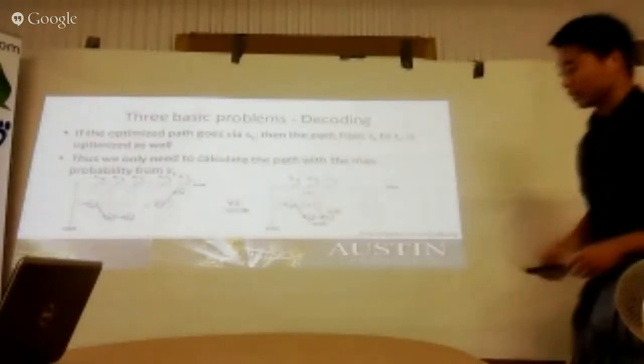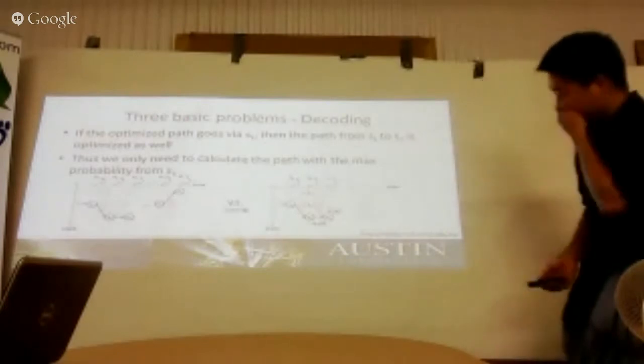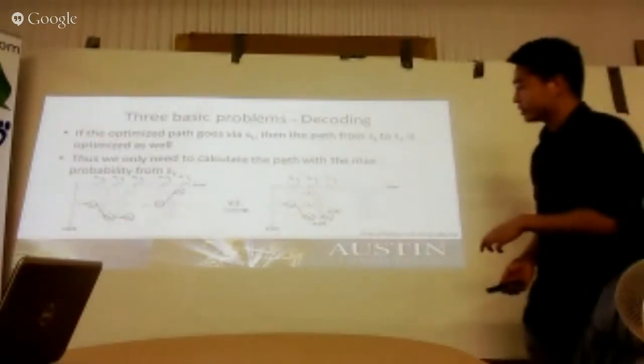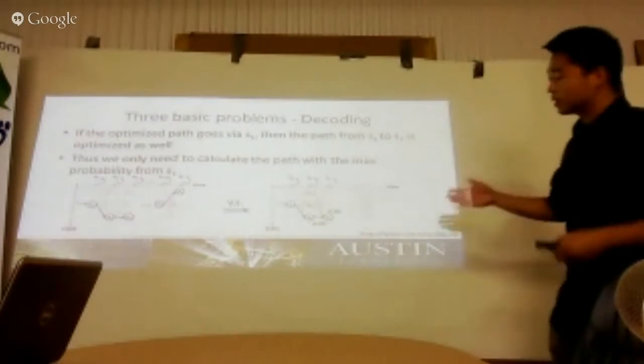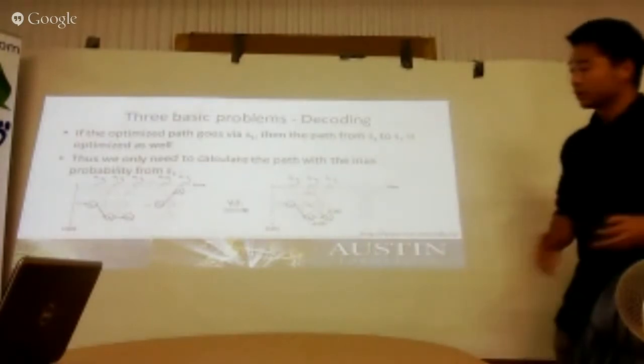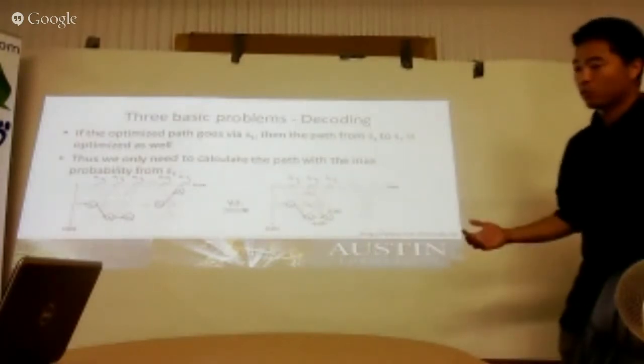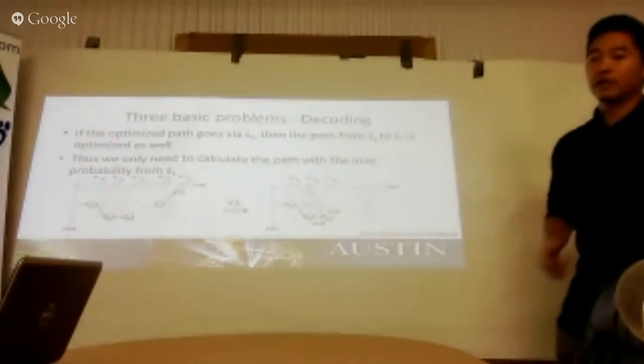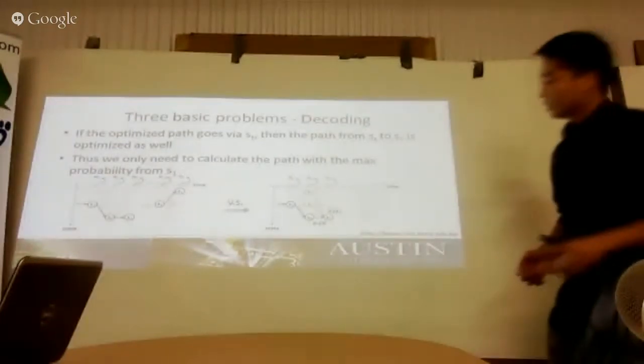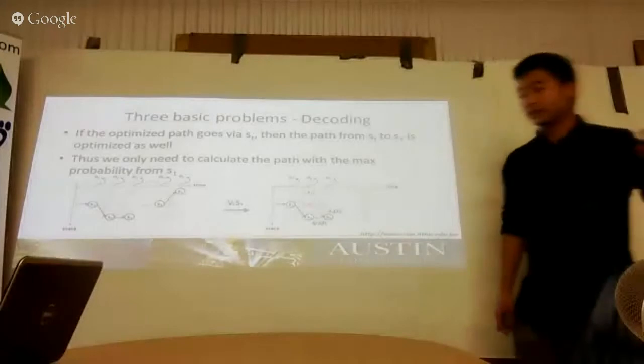Well, this is really techie details, so I don't have to go into the very details, but basically you don't have to calculate all the paths to find out the best way. Instead, you can just calculate the path.